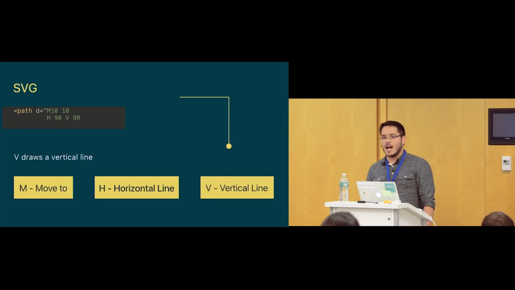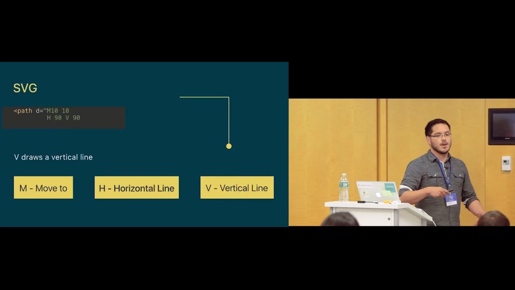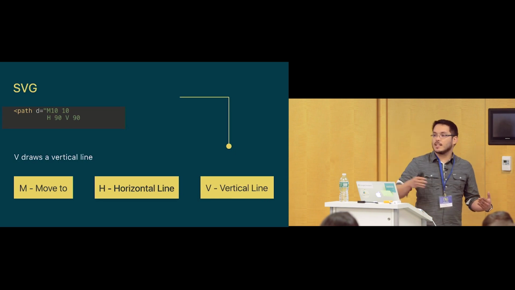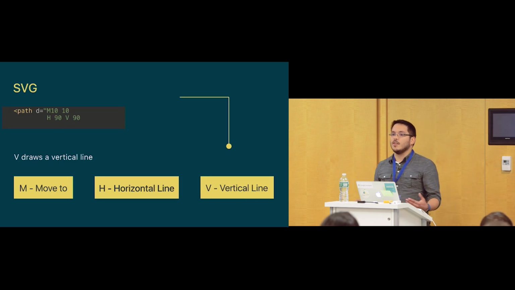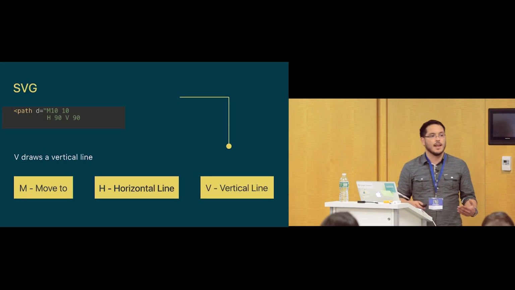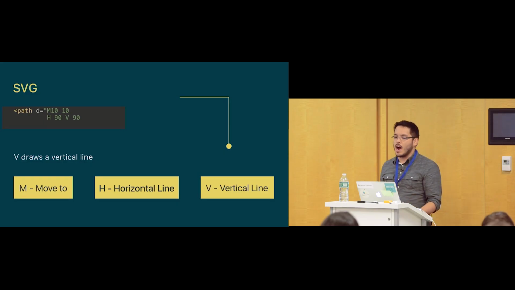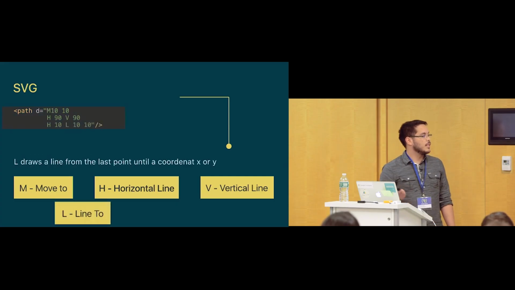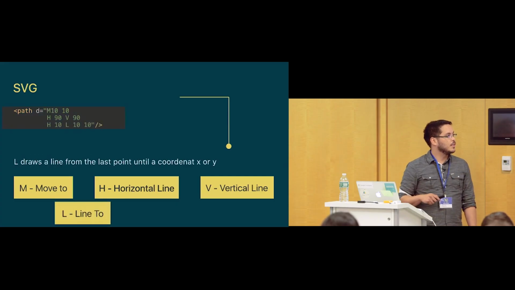I also can use line, and line is a little bit more straightforward. I can say many lines, one after the other. So in this example, I'm gonna say, go back to position 10 on X, and then go to position 10 on Y. And it will draw the line like it should.